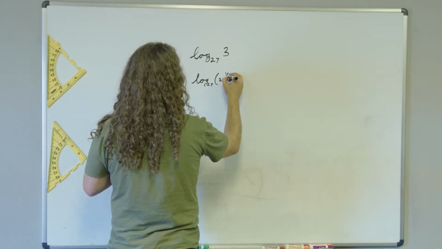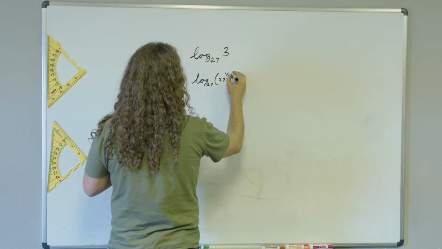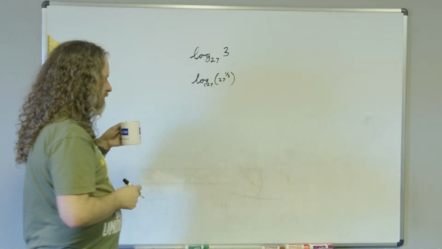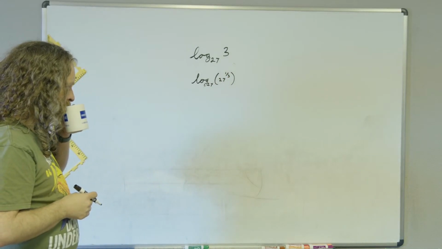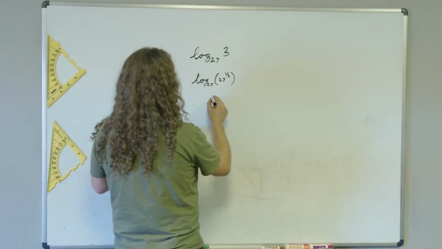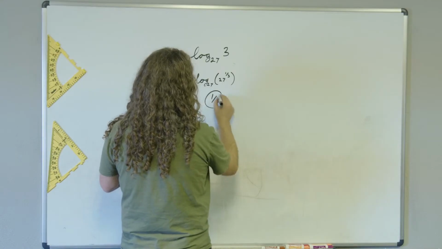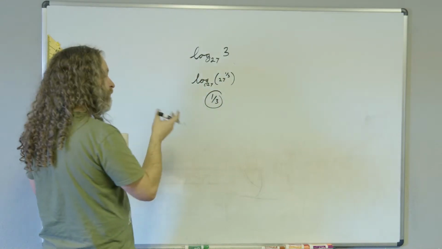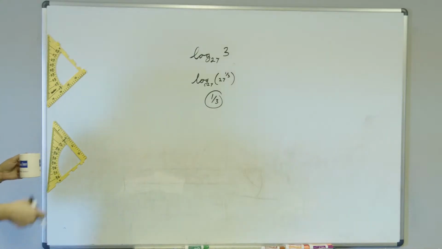Then what? The 27 cancels out, and we get 1/3. You could add the step of pulling the 1/3 to the front, but we do have a property that just says that's 1/3. So either way would be fine.